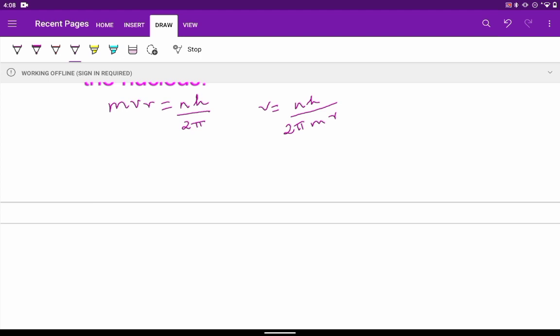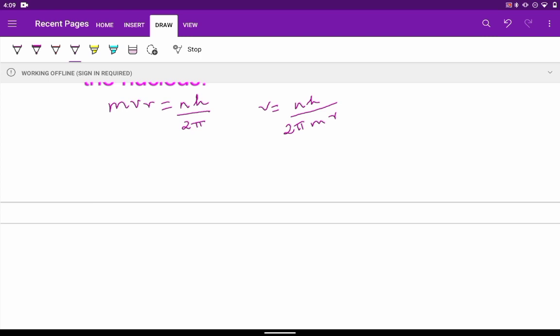So how to calculate r? The radius of the third orbit will be equal to n square into 0.529 into 10 to the power minus 8 to get centimeters. Here n is 3, so we have to put 3.